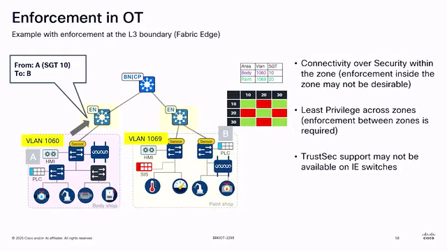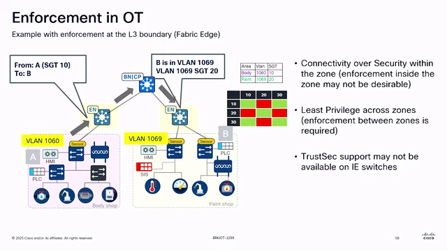So when I have traffic flowing into my network, I can enforce based on who wants to talk with whom. If something in the body shop is trying to reach the paint shop, depending on my matrix, that must be denied. So this is the common example of east-west enforcement in OT. But then this also creates a challenge. What happens with the devices that actually need to communicate? We have interlocking PLCs, for example.